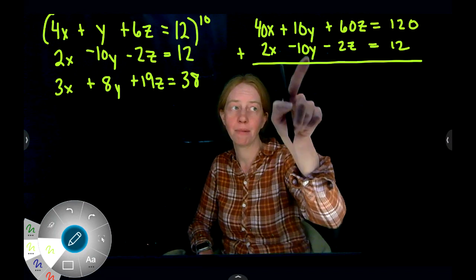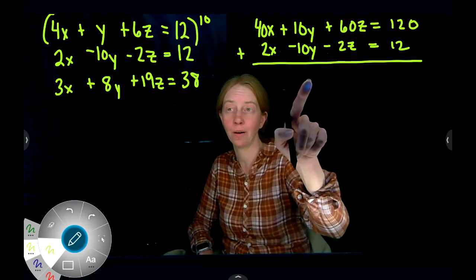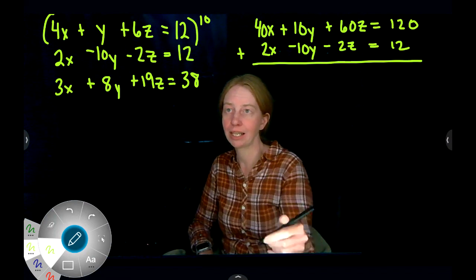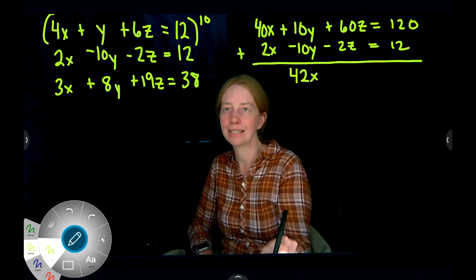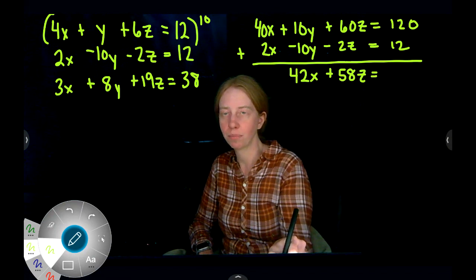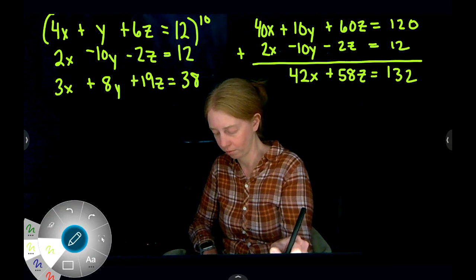So 10y minus 10y is going to be 0. And we are eliminating a variable, which is exactly what we wanted to do. So 40 plus 2x is 42x. 60 minus 2z is 58z. And 120 plus 12 is 132.